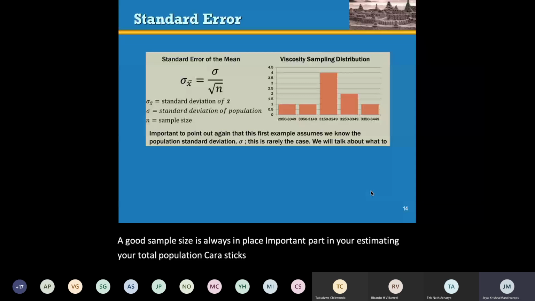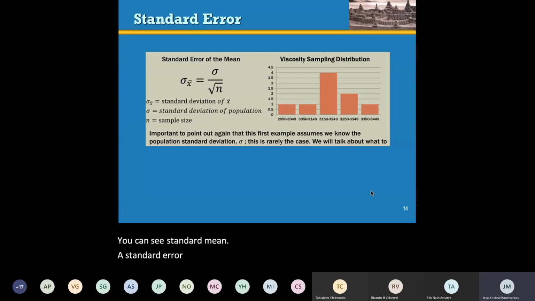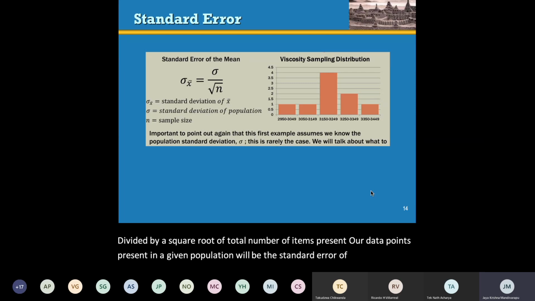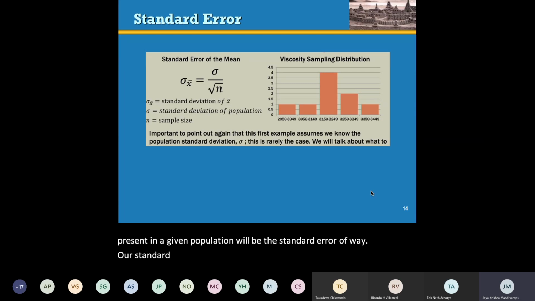characteristics. So finally, you can see the standard deviation of the population divided by the square root of the total number of data points in the sample will be the standard error, or standard deviation, of the sample mean.